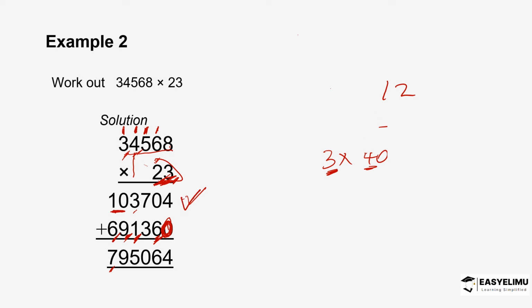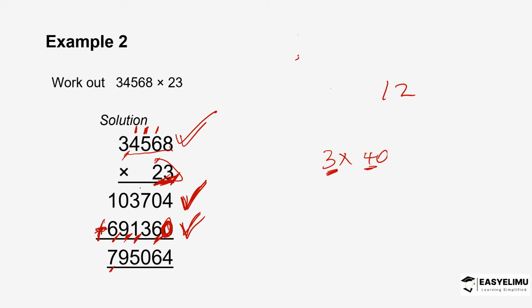And then after that, you're supposed to add the two numbers. Remember I said you multiplied the number up here by 3. Then again, you multiplied it by 20. Then you add the two results. So you are adding the 2. So if you add the 2, we have 4 plus 0 is 4. 0 plus 6 is 6. 7 plus 3 is 10.